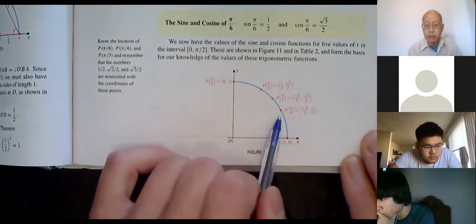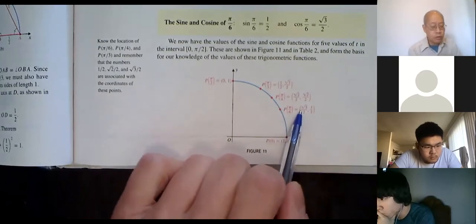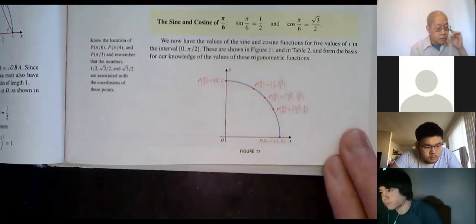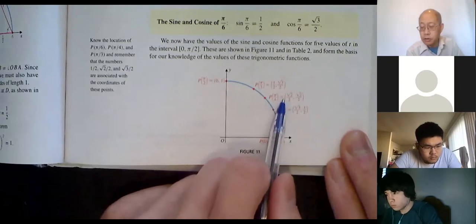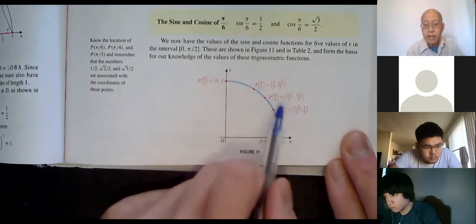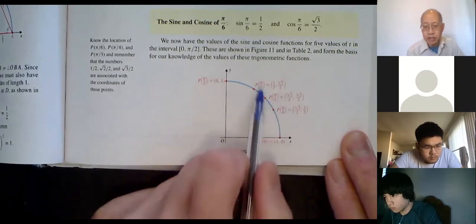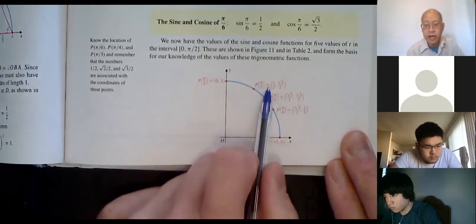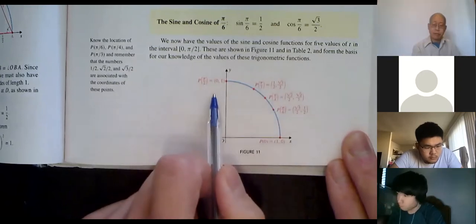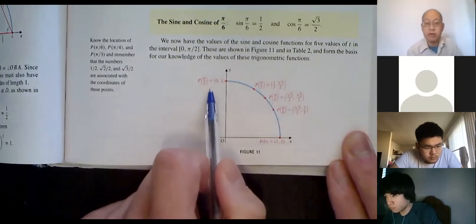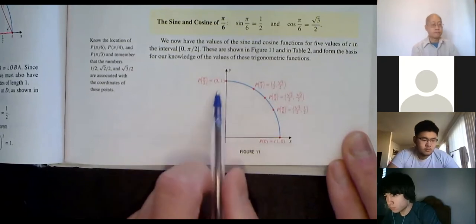So at 30 degrees, pi over 6, radical 3 over 2, 1/2. Pi over 4, they're both radical 2 over 2. Pi over 3 is the reverse of pi over 6, if that helps. So it's 1/2, radical 3 over 2. And then by the time you get to 90 degrees, pi over 2, it's 0, 1.